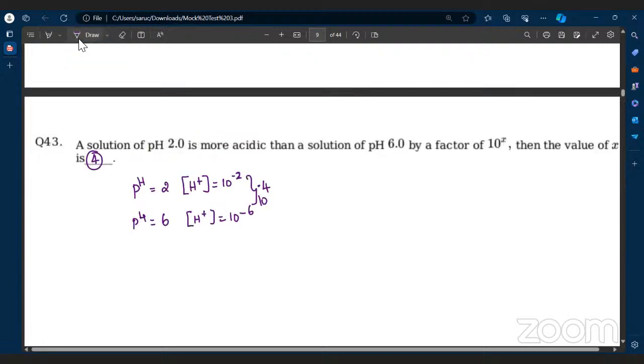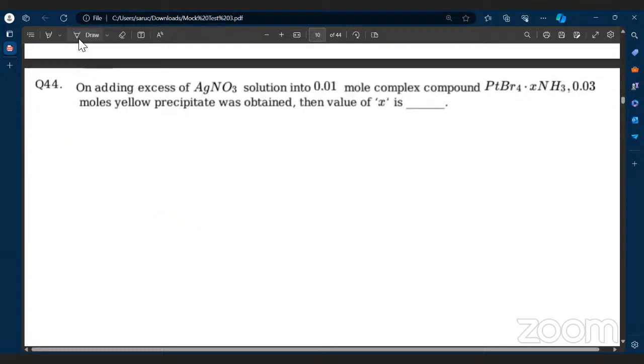The next question: on adding excess of AgNO3 solution into 0.01 mole of the compound PtBr4 dot X NH3, 0.03 moles of yellow precipitate was obtained. What would be the value of X?